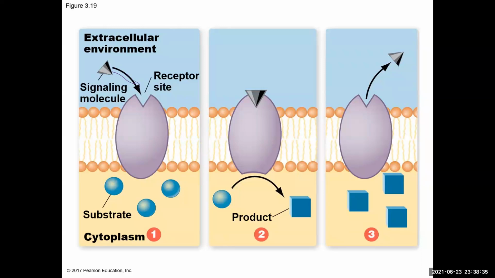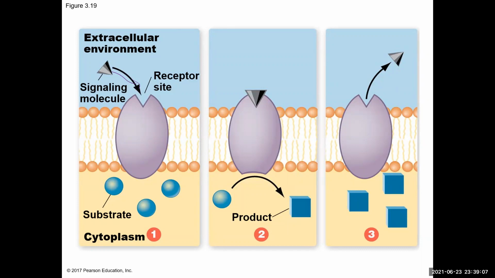You have a specific substrate, and that substrate is turned into another molecule, so a different product, due to the chemical reaction that happens as a result of that signaling molecule binding to that receptor site. And then that signaling molecule will kick out and go on, and then more signaling molecules can come in and trigger that chemical reaction again.